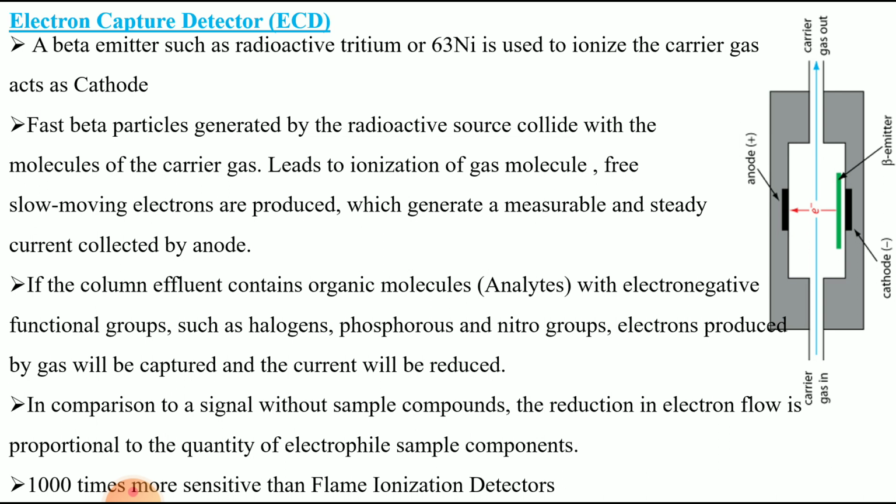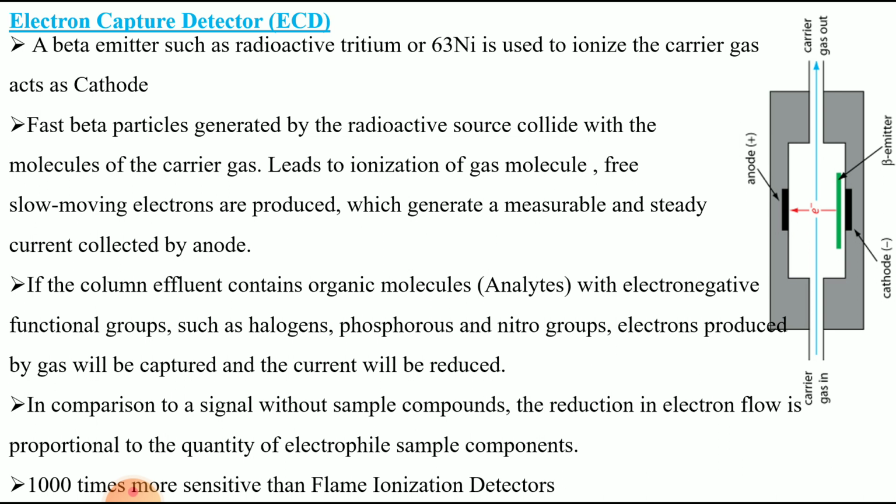The more analyte passing through the detector, the more electrons are attracted by the analytes. That's why the current will be reduced. So here the current reduction represents an increase in the amount or concentration of the analyte.